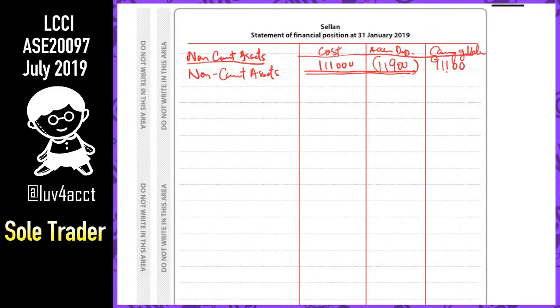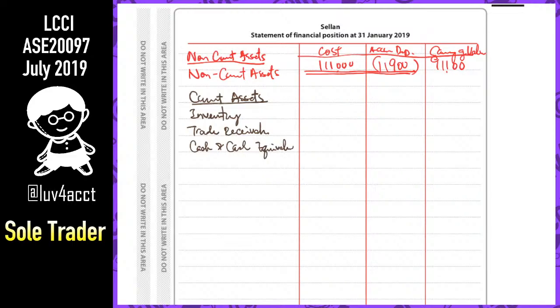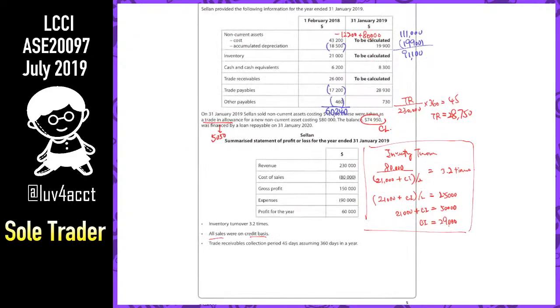Next we will have current assets: inventory, trade receivables, no other receivables here. If there were, it would be trade and other receivables. And we have cash and cash equivalent. So inventory and trade receivables, we have 29000 and 28750.